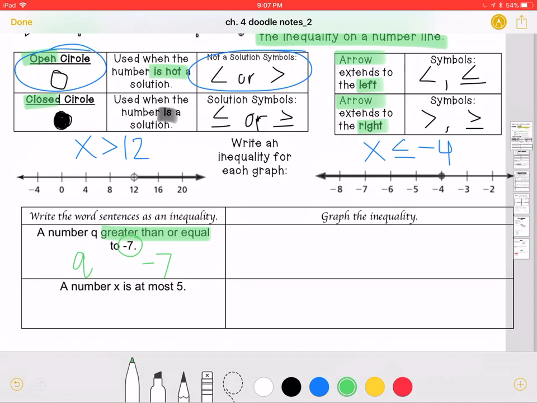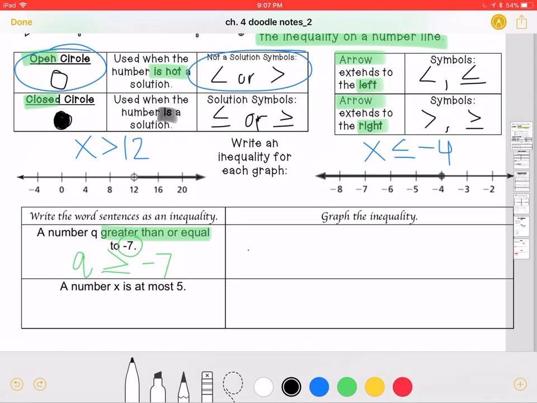And then there's some sort of inequality sign that's going to go between them. Greater than or equal to. I know it can equal it, so I have that line underneath. Remember, which symbol is greater than? Hopefully you're thinking the alligator is going to eat that Q. That shows greater than. Or maybe you're thinking, okay, the tail end here is kind of pointing to the right. I know numbers that are greater go to the right.